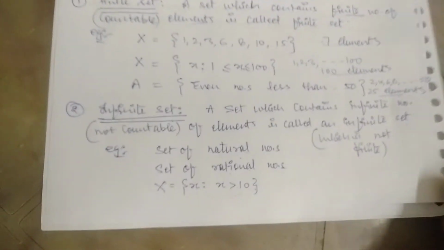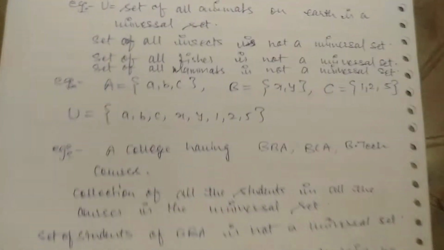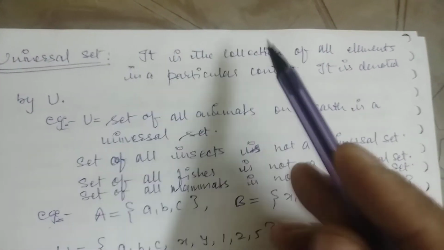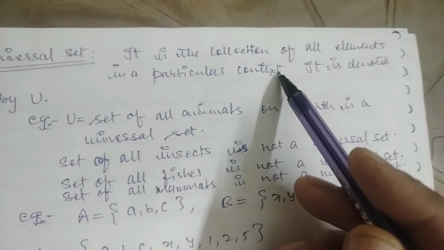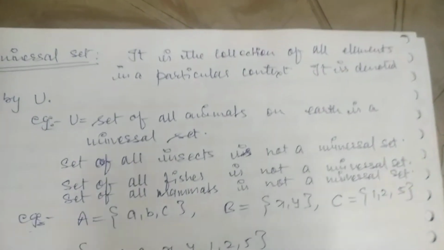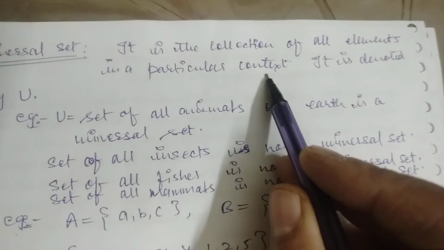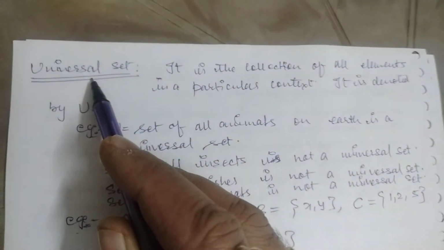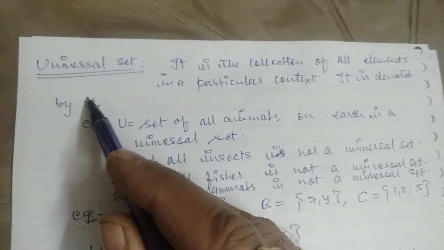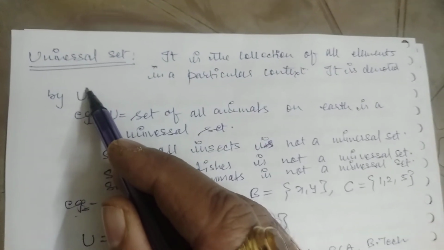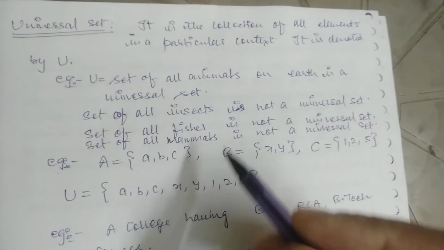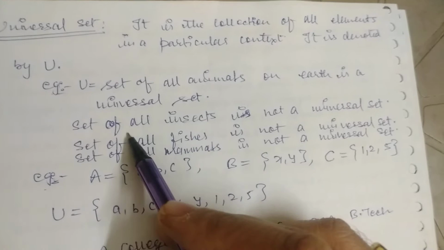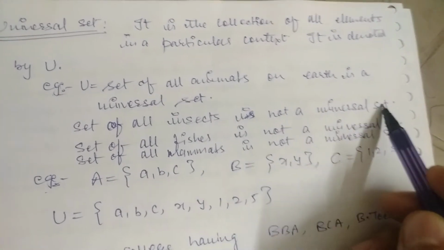So now the next set is the universal set. It is the collection of all the elements in a particular context. If we are talking about any particular context, then the collection of all the elements is called the universal set, and it is denoted by capital U. For example, if we consider the set of all insects, it is not a universal set.